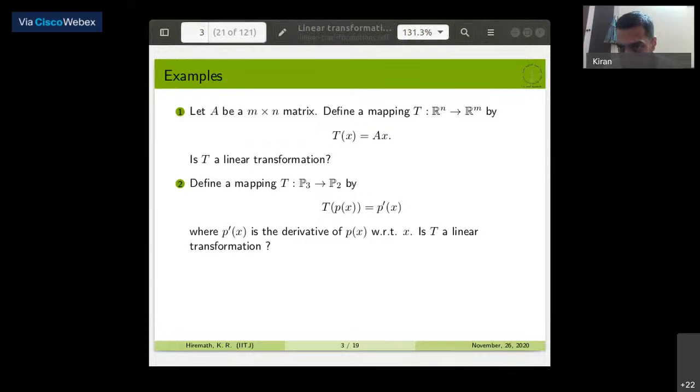How many participants are there? 23, and I'm hearing only 4 to 5 voices, very active voices. What about others? Ranjit ji, are you there? Yes, sir, I'm here. Please tell me, can you guess what is the next example I'm going to study?